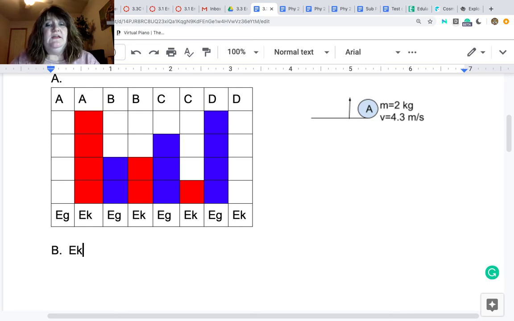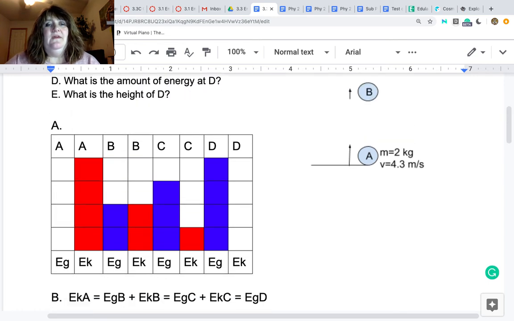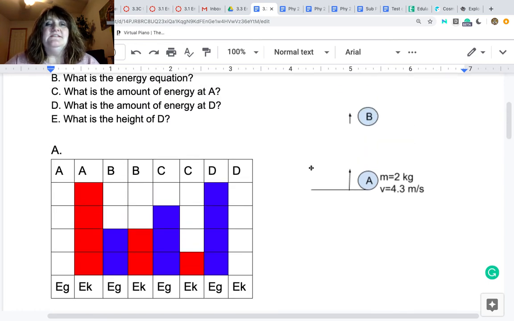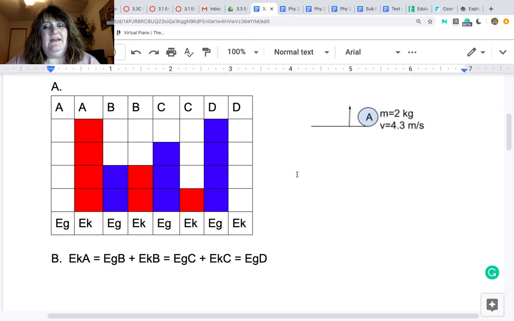So we have EKA is equal to EGB plus EKB is equal to EGC plus EKC is equal to EGD. Part C asks, what is the amount of energy at position A?